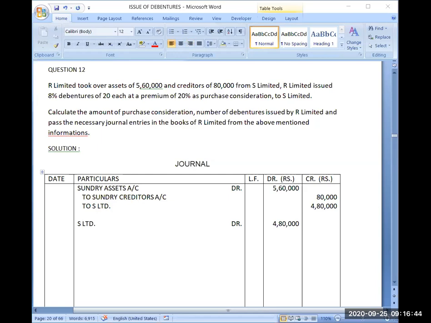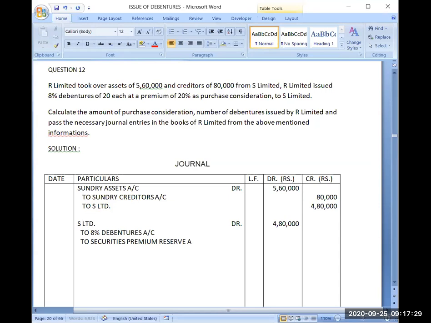Now, we are issuing them debentures, and it is 8% debentures account, to, because we are issuing them at premium, to securities premium reserve account.